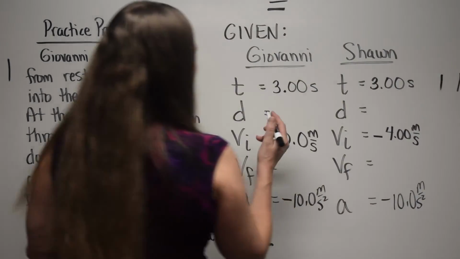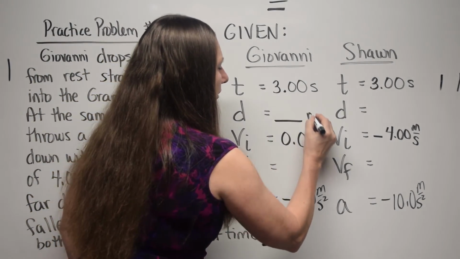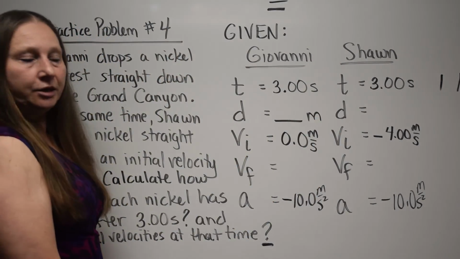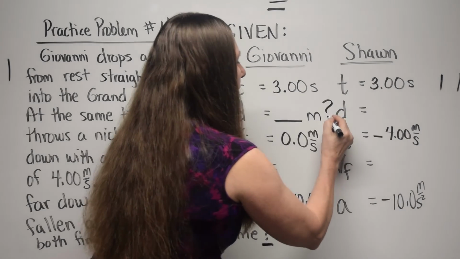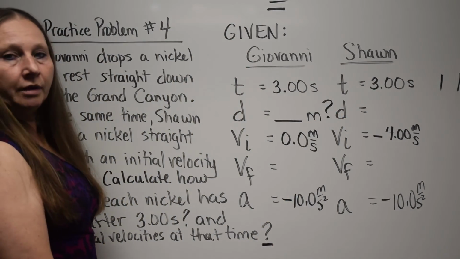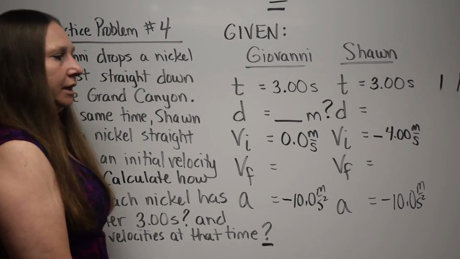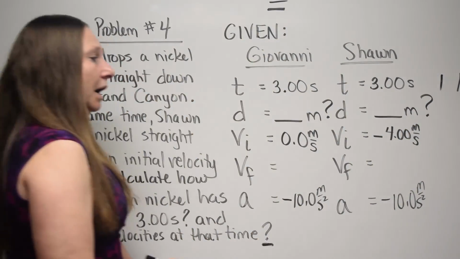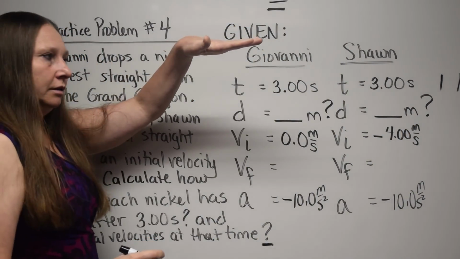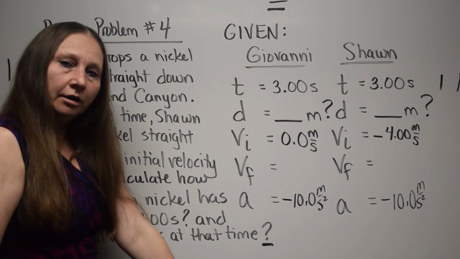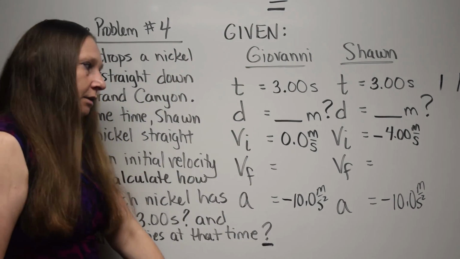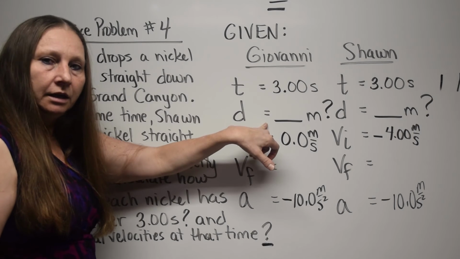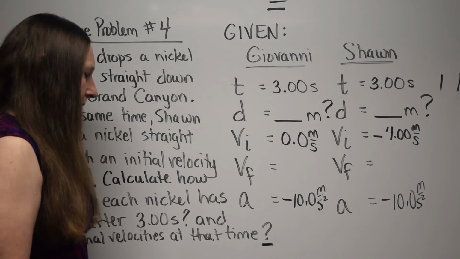So we want to know the displacement. We know it's down, we know the direction, so we can call it a displacement. And by the way, if we start up here and we end up down here, that displacement is technically negative.